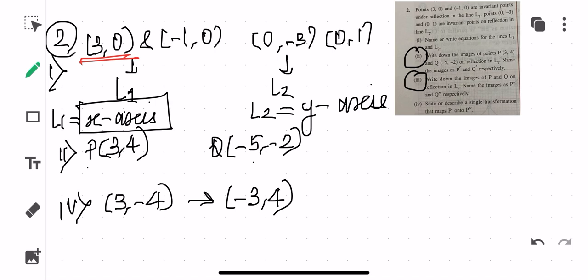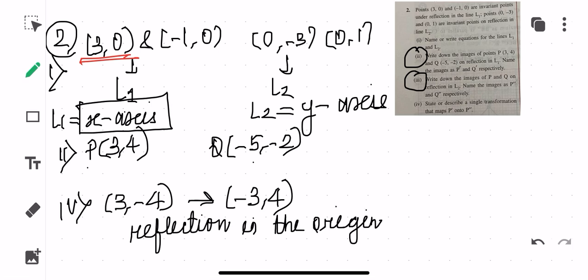For both the coordinates, what is changing? The sign is changing. So what will be my answer? My answer will be reflection in the origin, because the sign of both of them is changing. So if I want a direct transformation, then I need to go for reflection in the origin. Okay, so this is what you are getting.